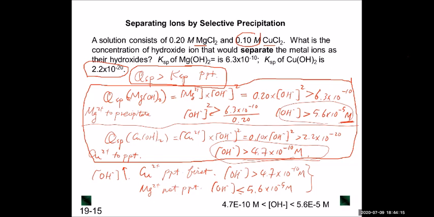So selective precipitation is basically finding out, for each precipitate, the concentration of the precipitating ion required. The one that asks for less should be the one that precipitates first, because that's the least soluble among all the potential precipitates. Finally, the one that uses less precipitating agent should be the first one to precipitate.